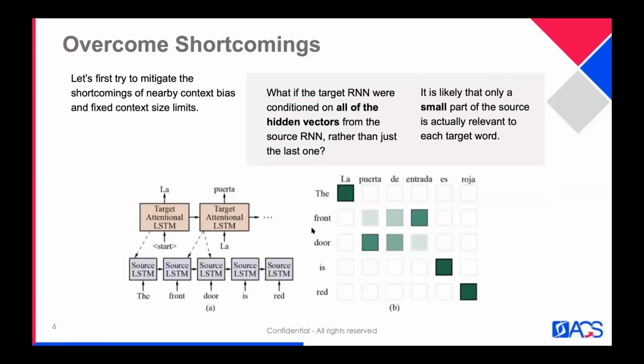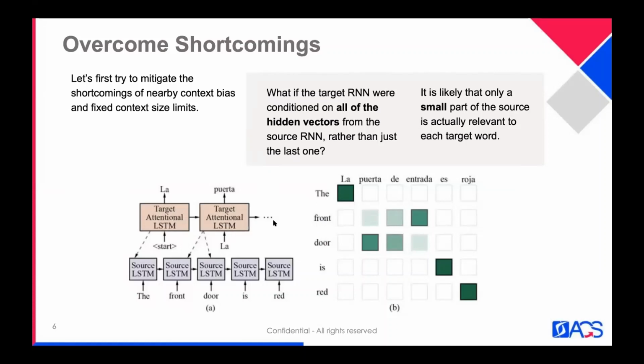So suppose that we have the sentence, the front door is red, and we want to get la puerta de entrada es roja. As I said before, for producing the word la, we just need the word de of the source sentence. And for generating the word puerta, we just need to pay attention to the two words, front and door, of the source sentence.